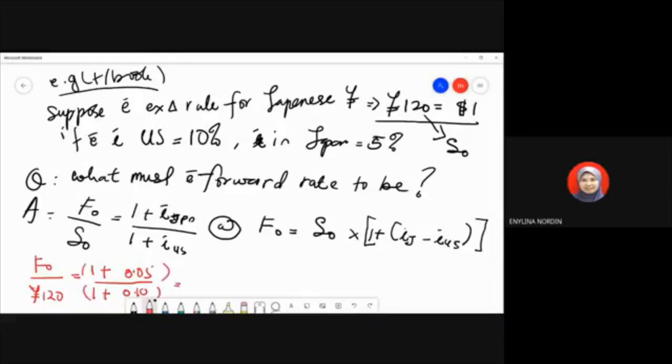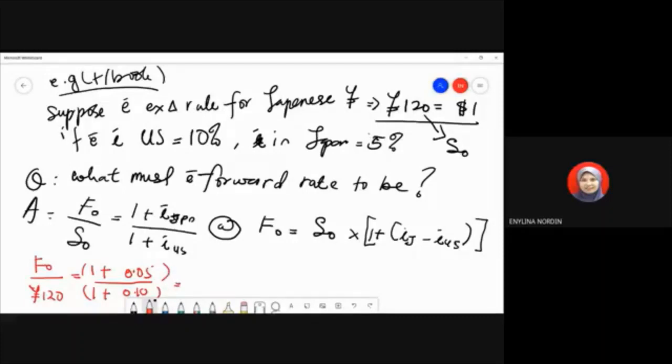How much do you get? Let me check. 1.05 divided by 1.1 multiplied by 120 yen. So you get 114.5.